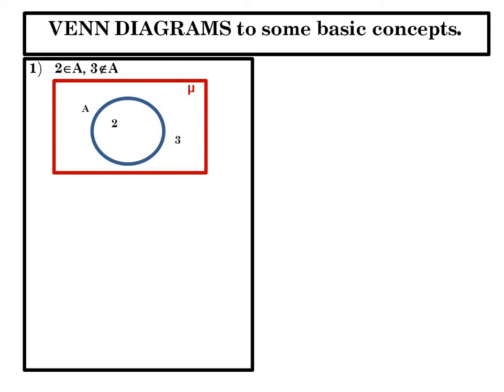So this is the way in which we represent a set in a Venn diagram. The elements which exist in the set are written within the circle, and the elements that do not exist in the set are written outside the circle. This is the basic concept you should remember.